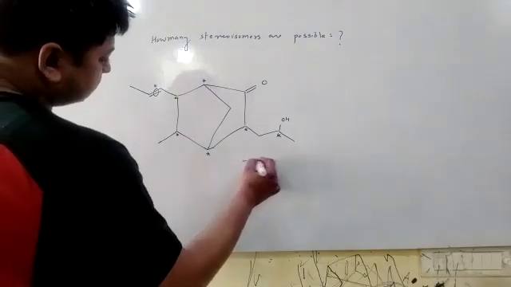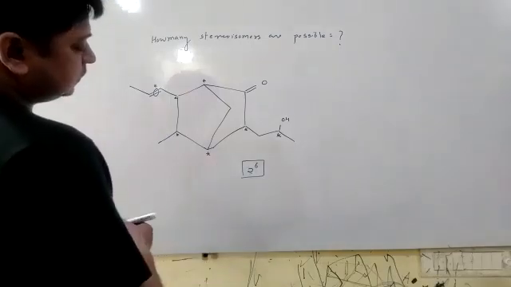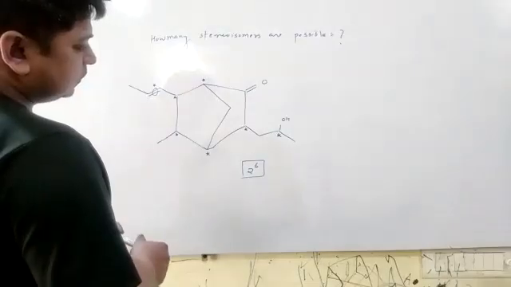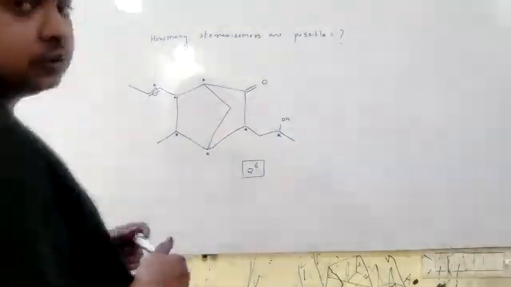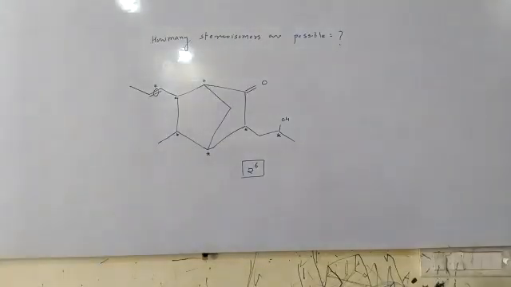Sir, but the chiral centers at the bridge carbons, they only have two possible positions, right? So the answer will be 2 to the power 6. No, sorry, it's 2 to the power 6.